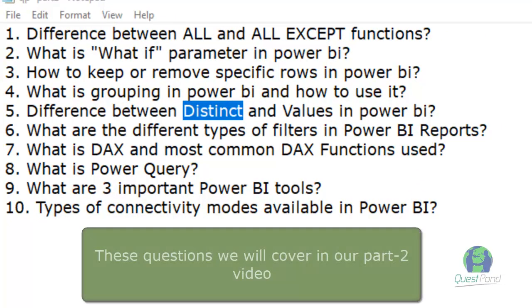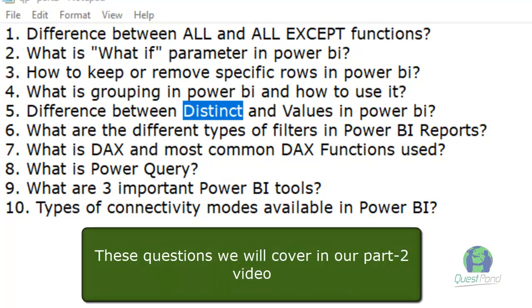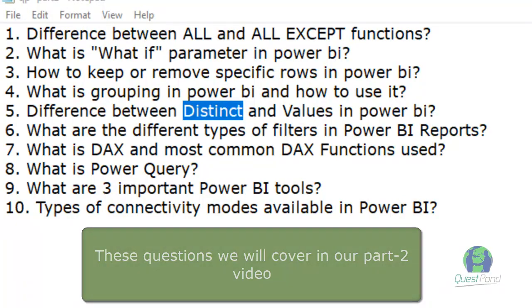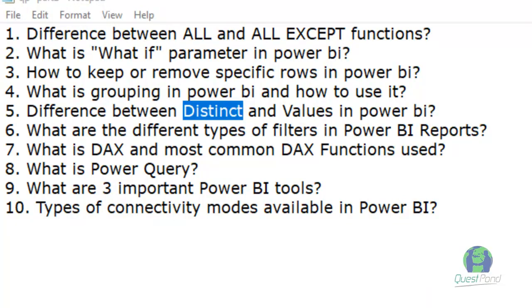Hey guys, this brings us to the end of the part 1 video, and in our part 2 video we are going to see a few more Power BI interview questions and answers, and these questions will be more advanced.